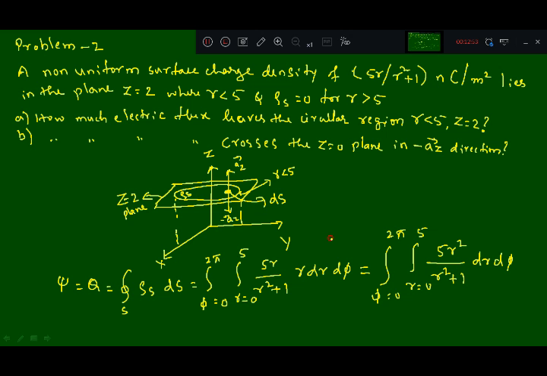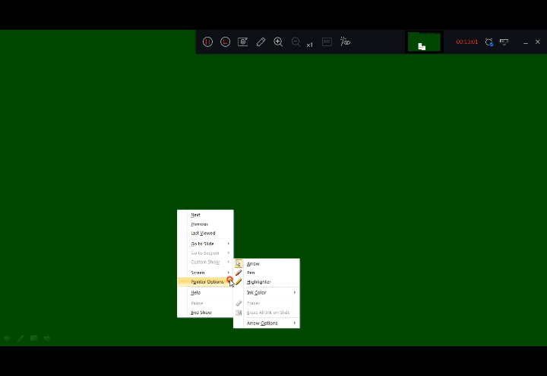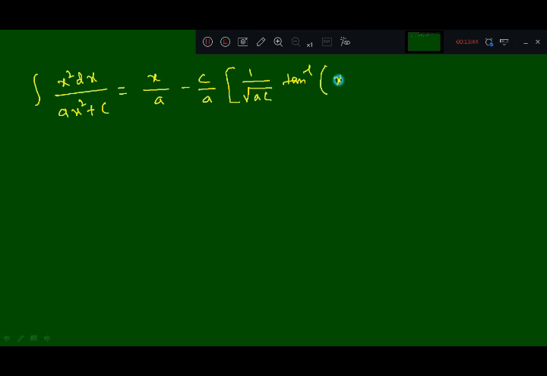So next, from integration we have one rule: the integral of x square dx divided by a x square plus c is equal to x divided by a minus c divided by a into 1 divided by square root of AC into tan inverse of x times square root of a divided by c. This is one standard integration rule.